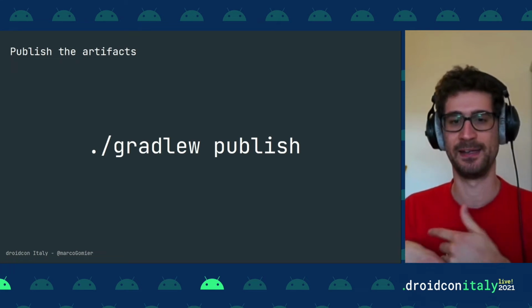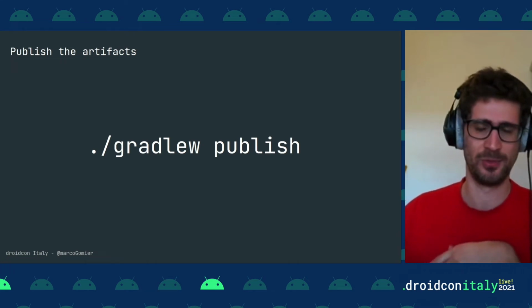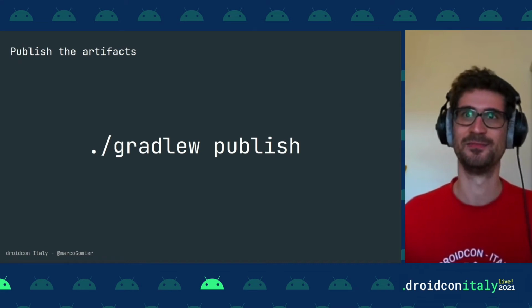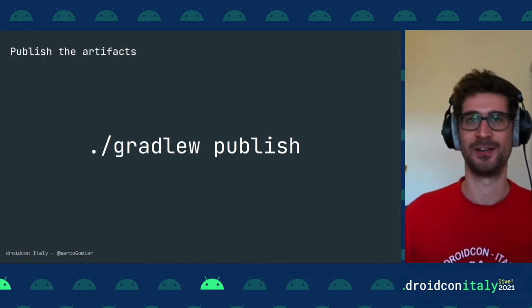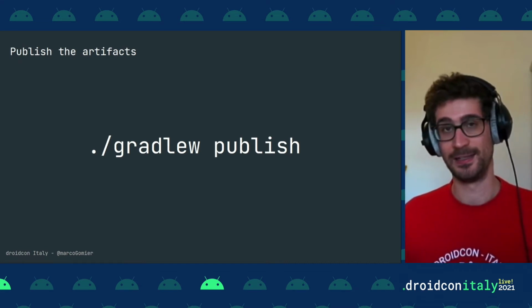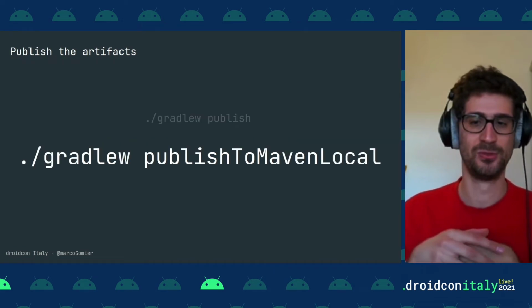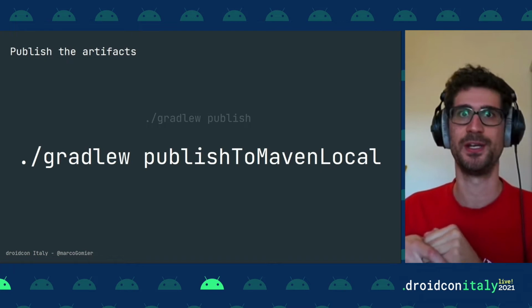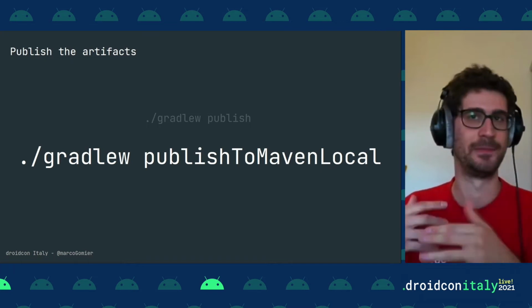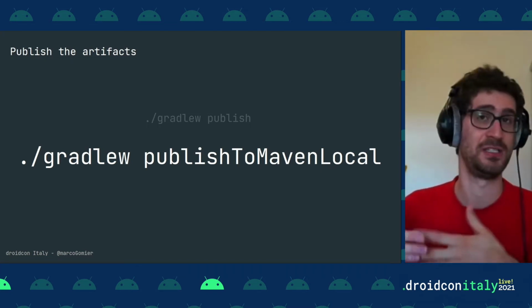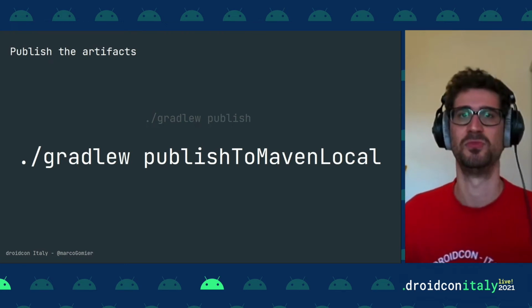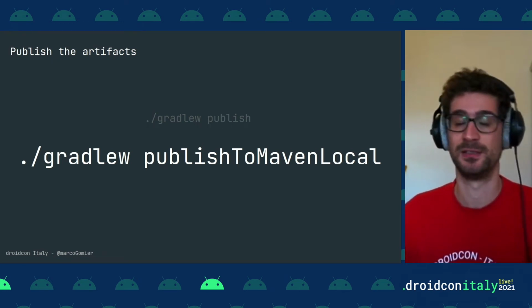We can do it with the publish Gradle task that appears after defining the Maven publish plugin. Or we can also publish to our local Maven repository. If we are testing something locally, it's easier and quicker to test it on your local machine.